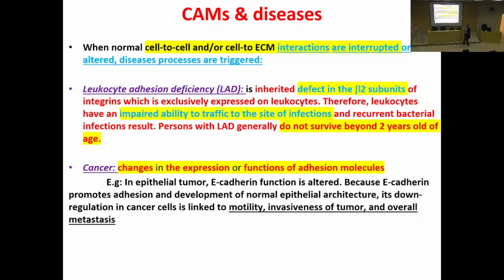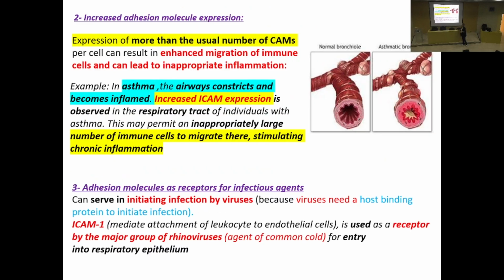Now if I take the opposite, if I take an increase, meaning more than necessary, I have overexpression of cell adhesion molecules. So the example that I took is asthma. What do we call asthma in Arabic? Rabw. All right. So asthma is characterized by what? It is characterized by the fact that the bronchi, the bronchi that are constricted, are inflamed.